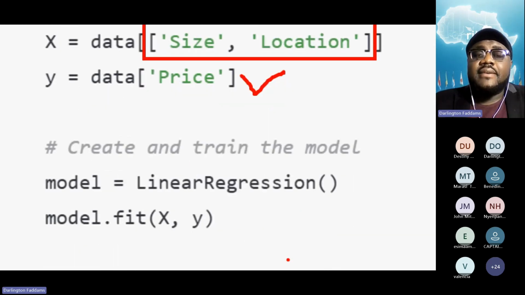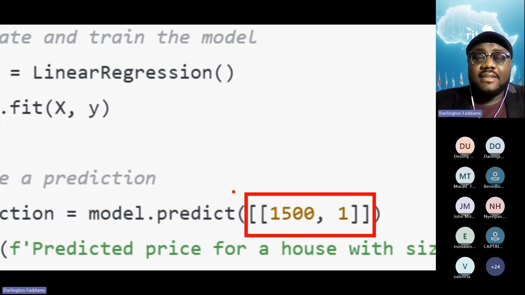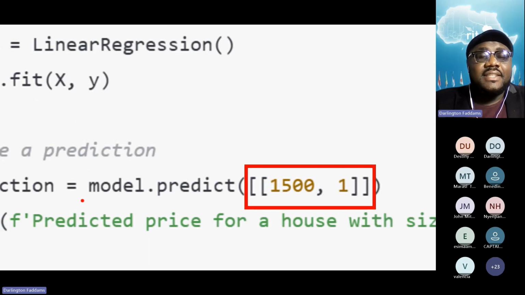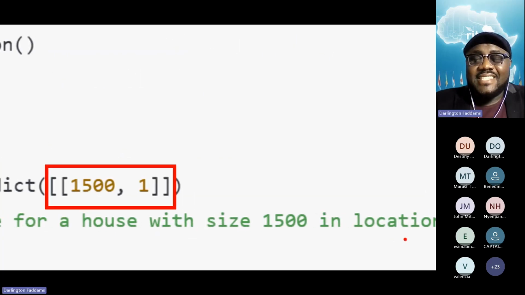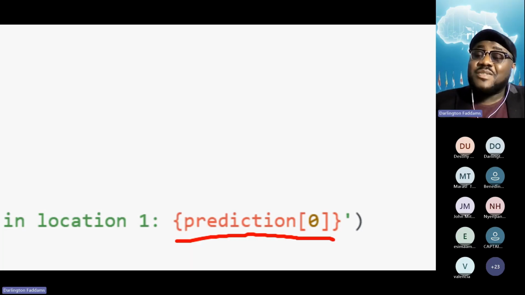So now that we are ready, this is what we are asking. We are asking for size and location. And when we do that, it is actually going to tell you the answer here. So if you run this in Python, you are going to see the answer and you will be shocked that you too have built AI and it can predict.